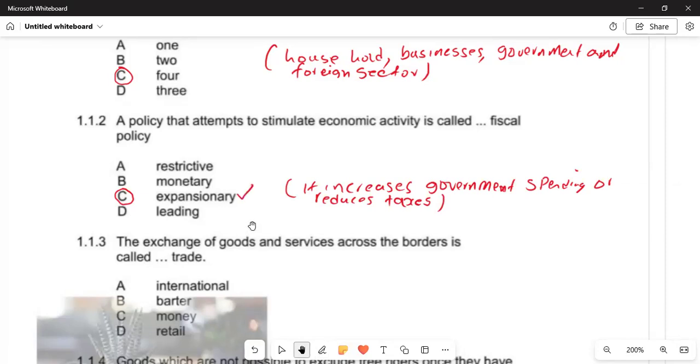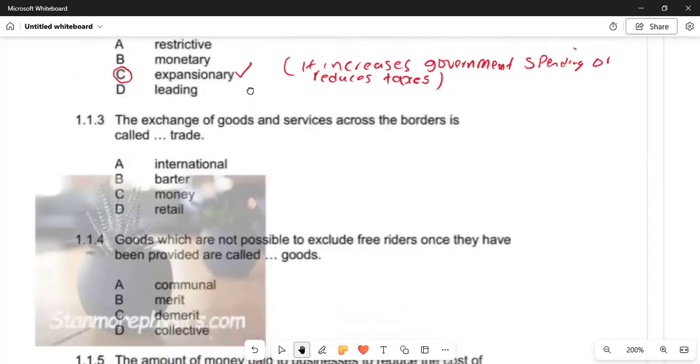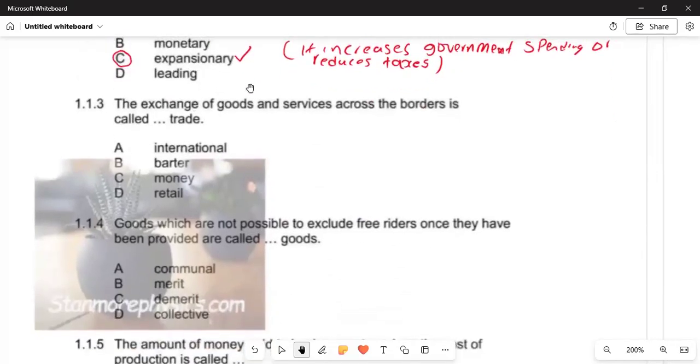Now we are moving on to 1.1.3. The exchange of goods and services across borders is called dash trade. We are given 4 options and the correct answer is A, international trade.